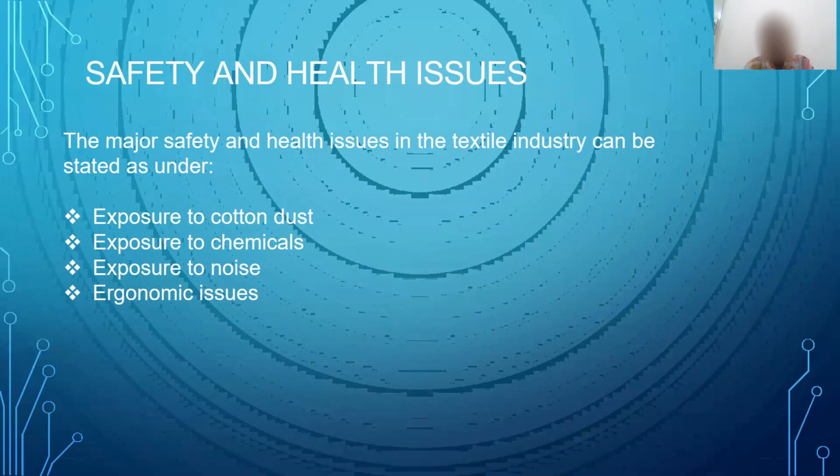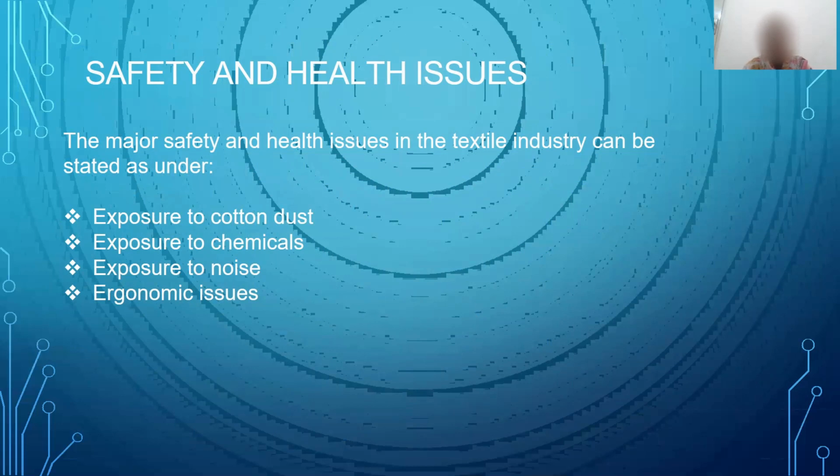As you know, formaldehyde is also a chemical, and due to the use of this chemical, it can cause lung cancer as well as brain cancer and leukemia also. Contact of chemicals with skin and inhalation as well lead to several health effects, which is also not good for the workers. Next one is the exposure to noise.